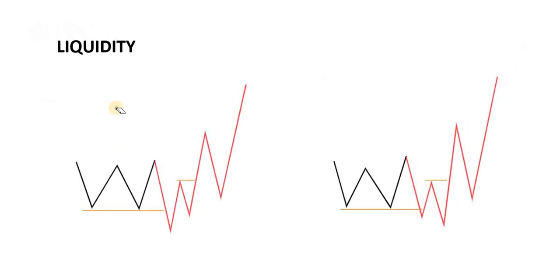Now this is the bullish scenario where we have approximately equal lows. The market came, cleared liquidity, traded back into the range, created this move that could not break this low, and so we form what? A shift in market structure.